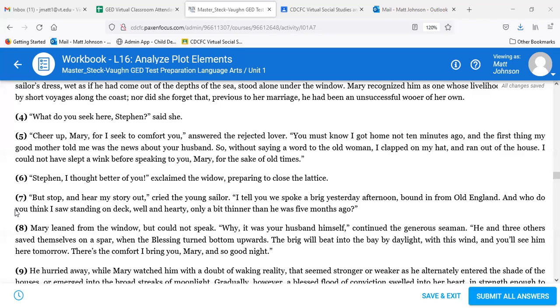And 8, I got. Mary leaned from the window, but could not speak. Why? It was your husband himself, continued the generous seaman. He and 3 others saved themselves on a spar when the Blessing turned bottom upwards. The brig will beat into the bay by daylight. With this wind, and you'll see him here tomorrow. There's the comfort I bring you, Mary. And so, good night.